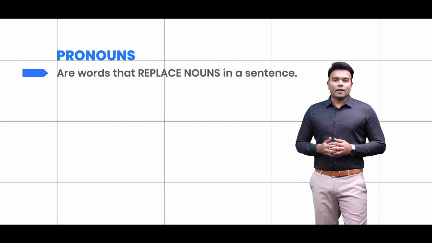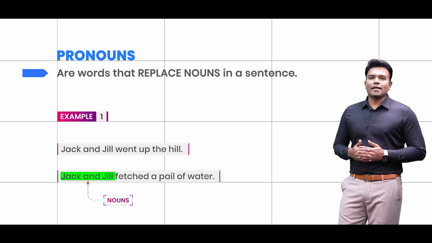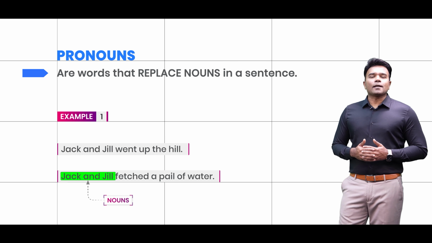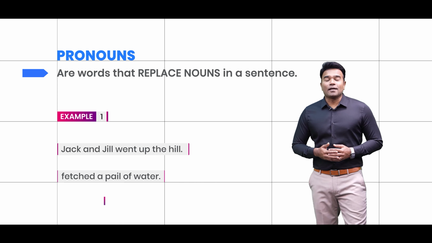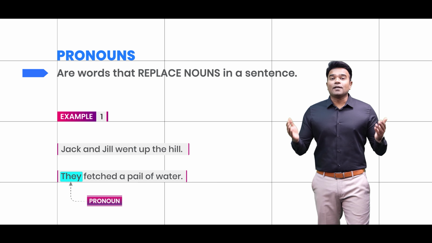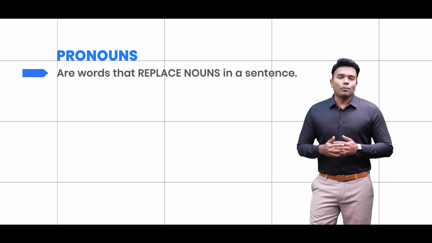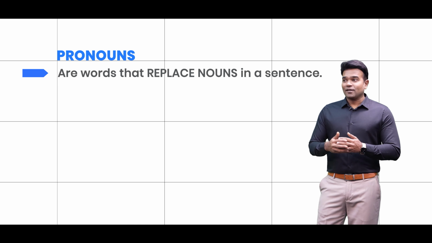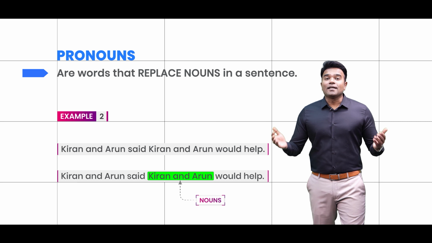If you have to understand this definition again, have a look at the first example. Don't you see that in the first example, the nouns Jack and Jill have been replaced with the pronoun they, and through this you have been able to avoid repetition. So pronouns are such words that replace nouns in a sentence. Not just that, have a look at the next example.